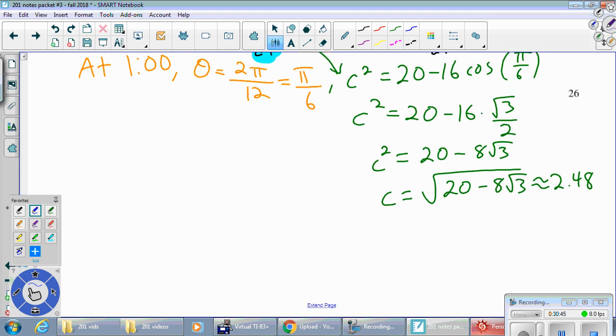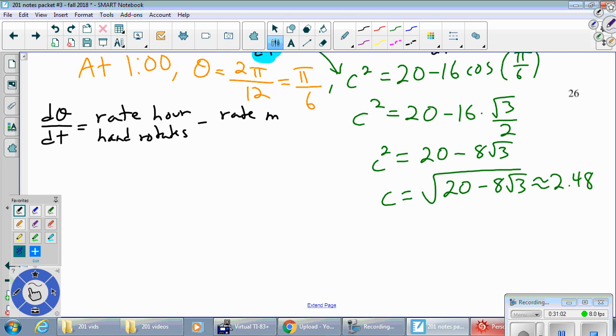I'm going to write that right down here. So this is a general clock fact. d theta/dt is equal to the rate that the hour hand rotates minus the rate the minute hand rotates.